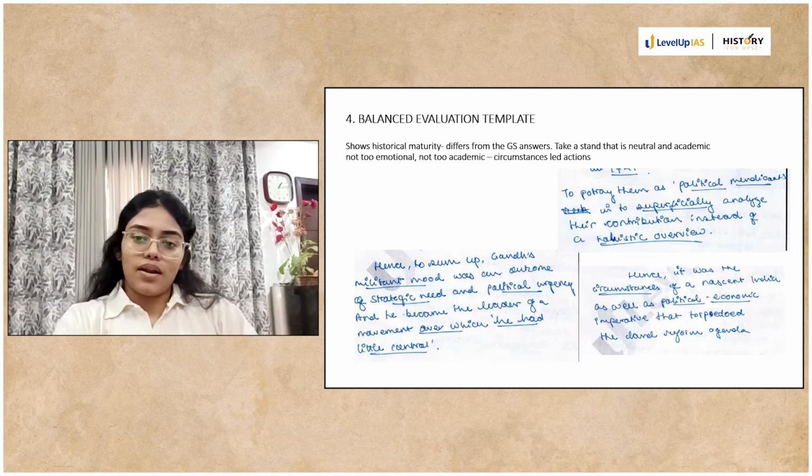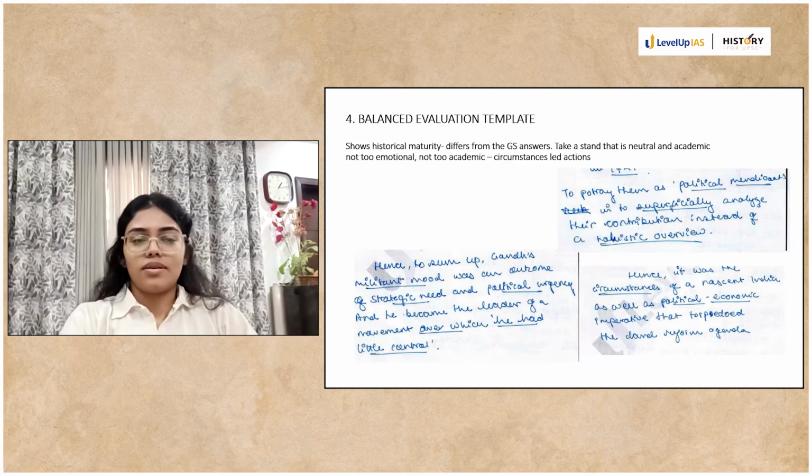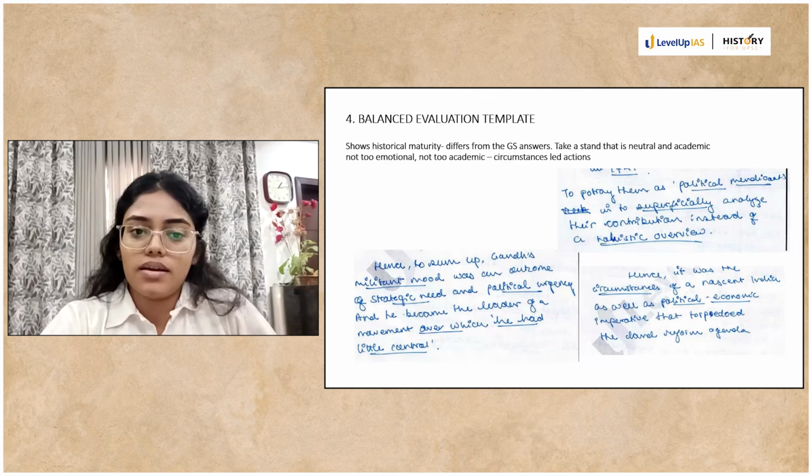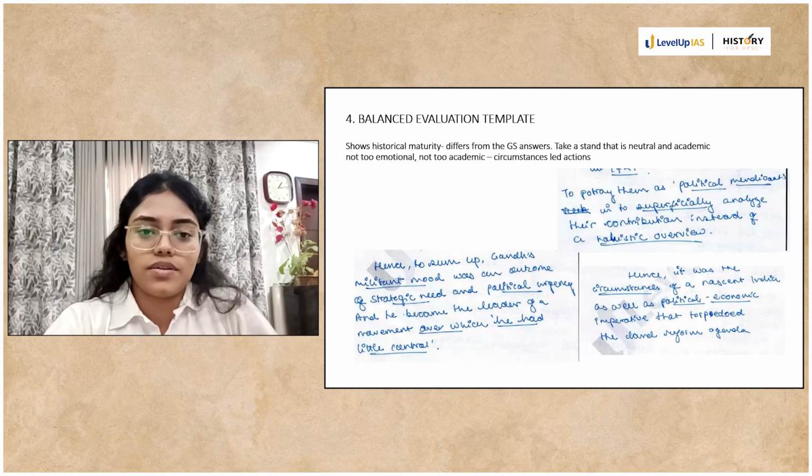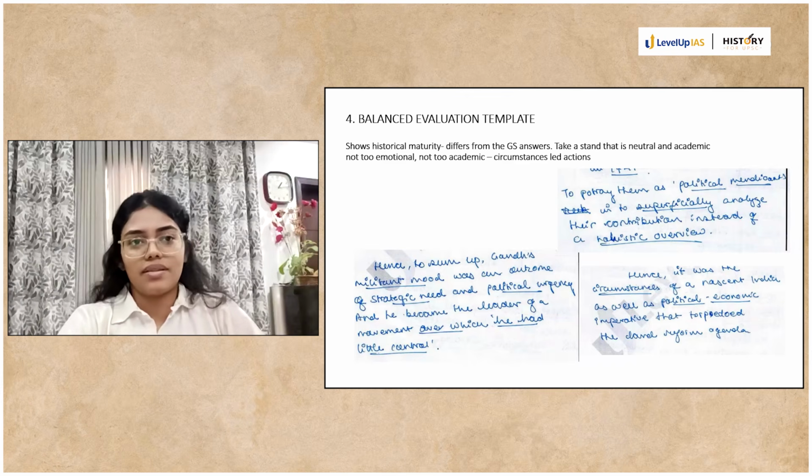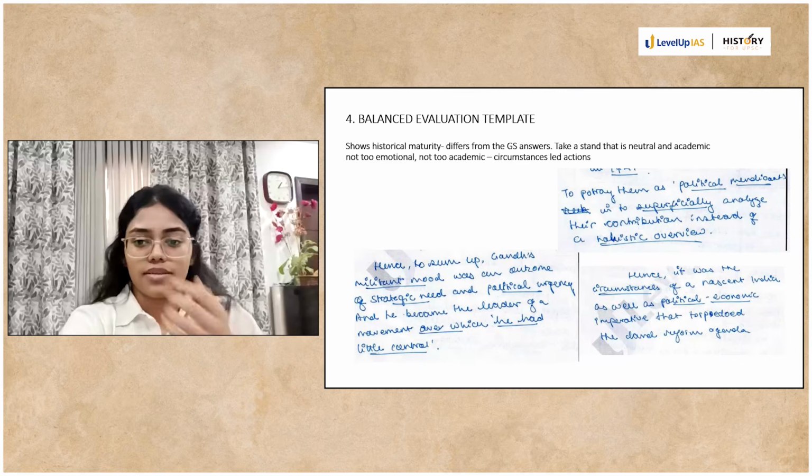Whenever an event happens, a lot of factors result in it, so just say that political, economic, social factors led to this happening. I think the balanced evaluation template is very easy. You can incorporate it anywhere. You just have to show the different factors and circumstances.